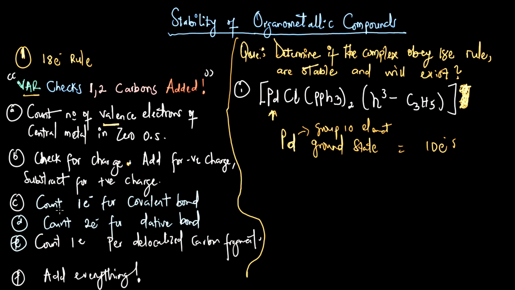The next thing you need to do is to count electrons. Count 1 electron for a covalent bond. This is best determined when you try to draw the structure, right?